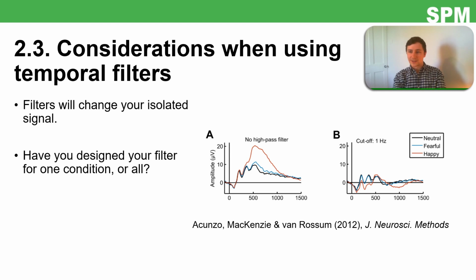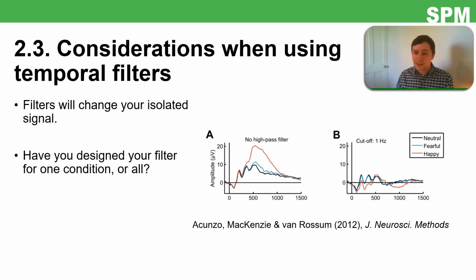This is actually something I mentioned, I think, earlier, where if you design a filter for just one of your conditions and then apply it to all of them, you may find that you're going to affect your results. So again, in this example from Acunzo, they show that depending on whether you apply a high pass filter at 1 Hz or not, and they had loads of examples, you either find a difference in the ERP in the happy condition in this case versus fearful and neutral, or you don't.